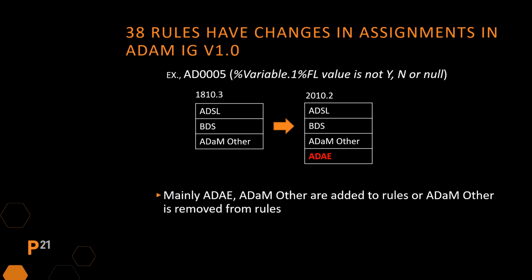But we revised this algorithm, and now ADAE is also checked in Engine 2010.2. Mainly, we added ADAE or ADaM other to some rules, or removed ADaM other from some rules. If you'd like to know more details, please check the engine release notes.